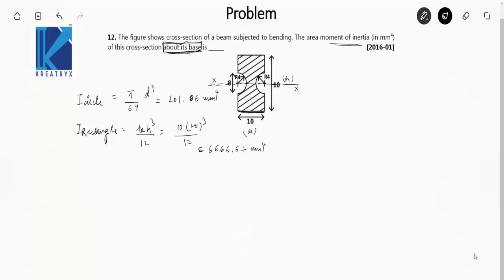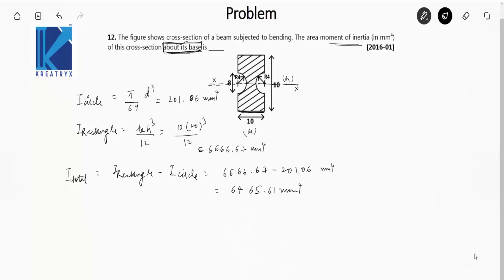So the total moment of inertia of this cross section about the centroidal axis is the moment of inertia of the rectangle minus the moment of inertia of this circle, minus 201.06 mm raised to the power 4, which gives us the value 6465.61 mm raised to the power 4.